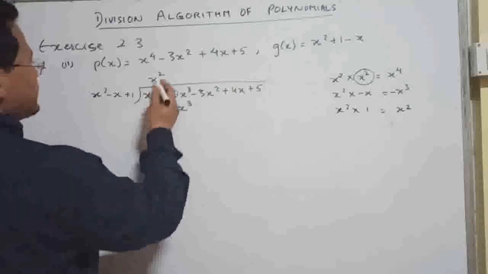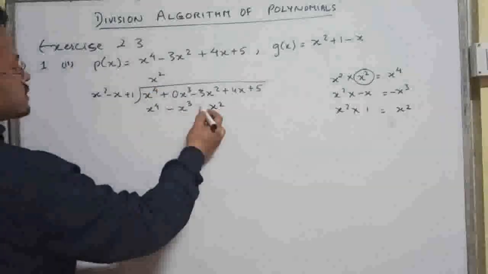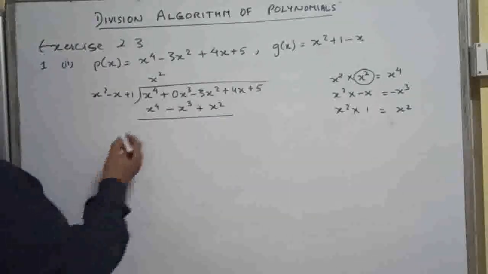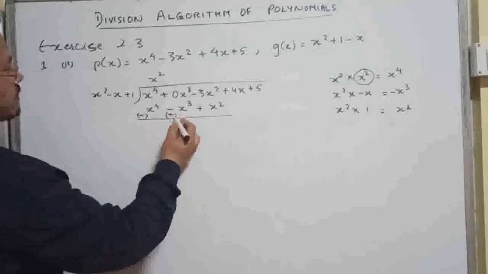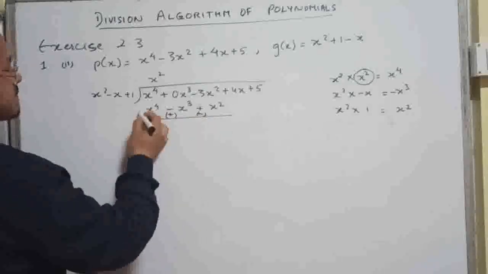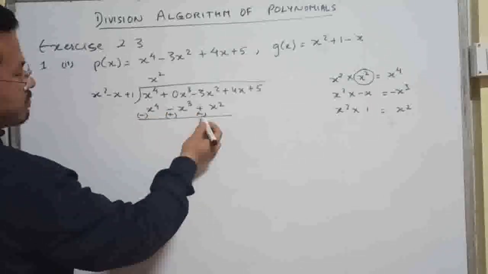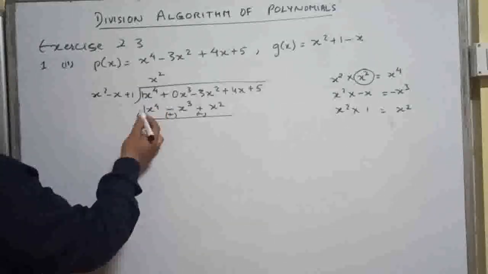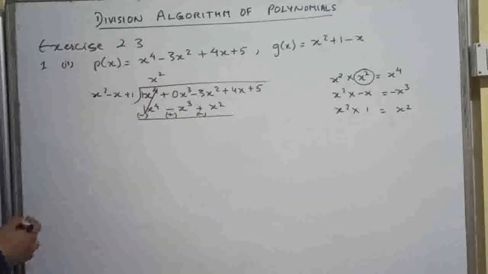So now this will go here, x square, and this is plus, this is also plus, we get plus. After this, we will subtract, that is we will just write the opposite of whatever is there. This is plus, so we write minus, minus plus, plus and minus. So we have the coefficient 1 here, here also we have 1, and we know that if they have the same coefficient and they subtract, it becomes 0.